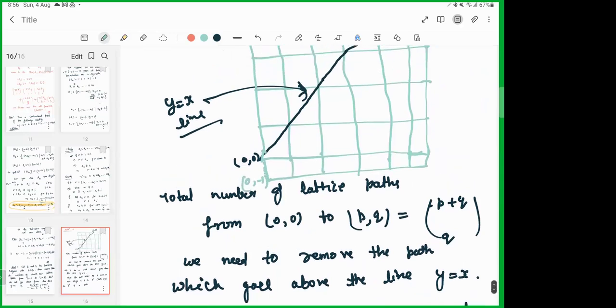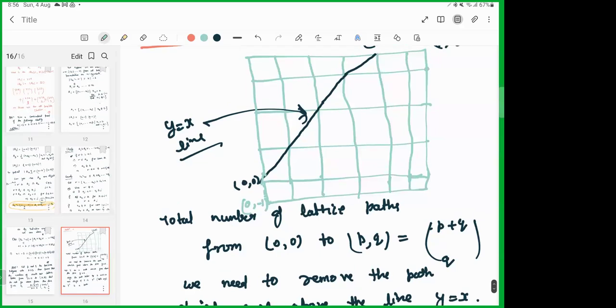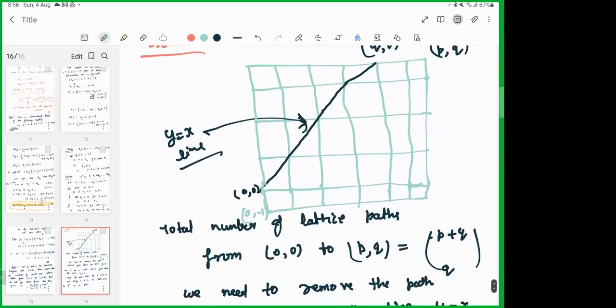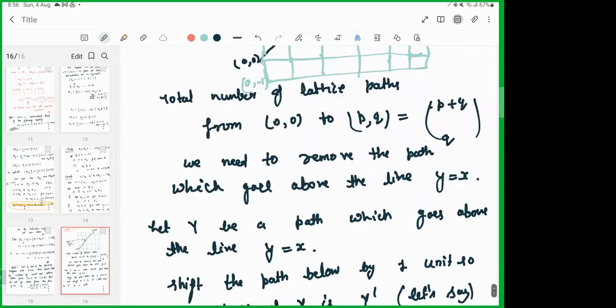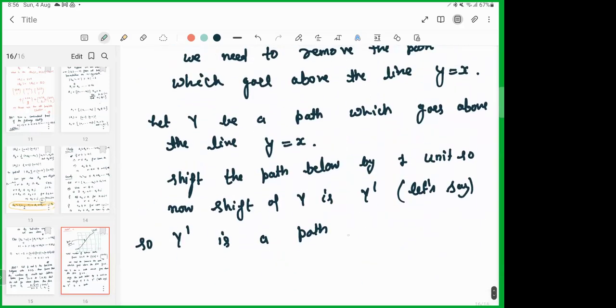I'm shifting by 1 unit minus. So any path to p, q will be shifted by -1 unit, that will be p, q minus 1. Gamma dash is a path from 0, -1 to p, q minus 1.